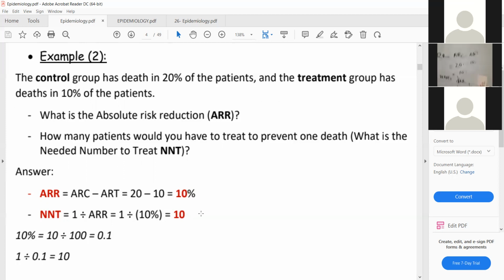That's why we calculated the absolute risk of the control minus the absolute risk after the treatment. So the control group is the one which is not being treated, without the treatment.